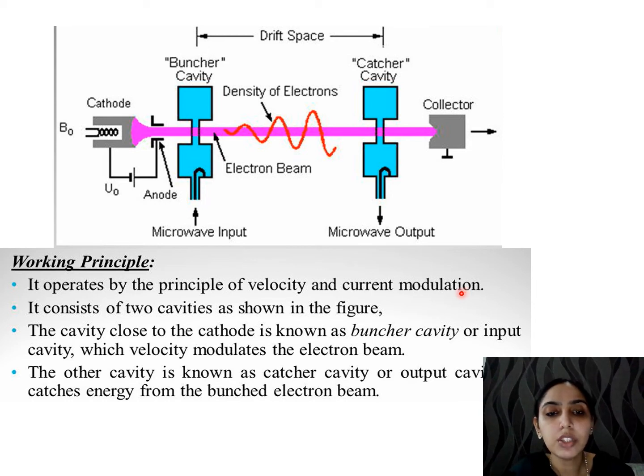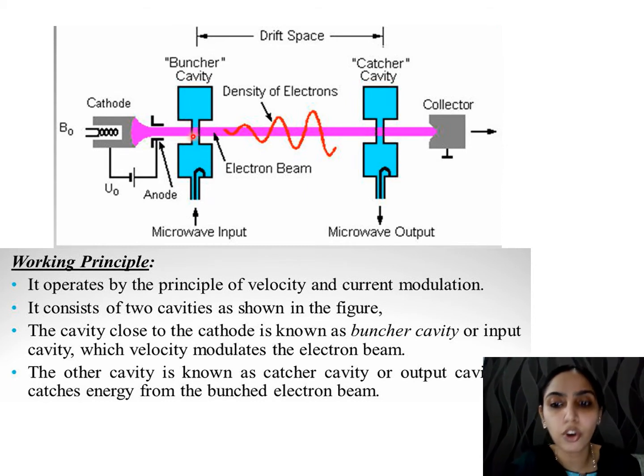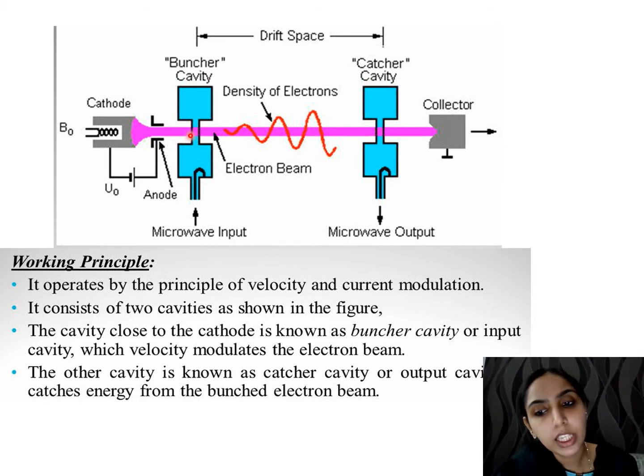So how do the electrons have velocity modulation? Initially, whatever electrons are coming from the cathode arrive at the buncher cavity with a uniform velocity. Without any change in velocity, all the electrons first arrive at the entrance of the buncher cavity.